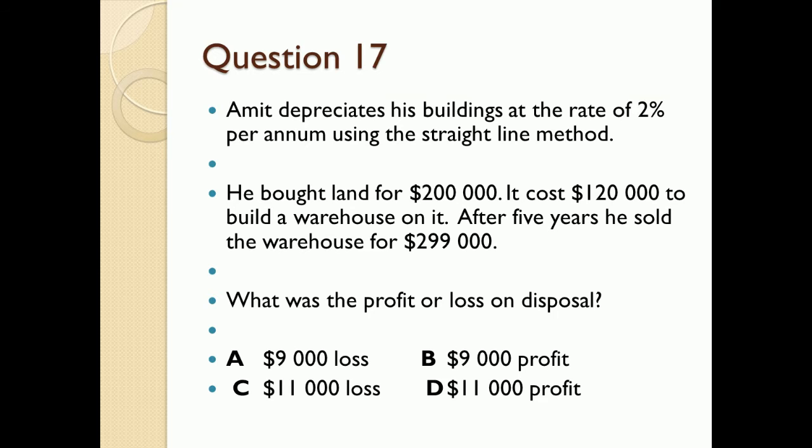You have to deduct this amount from the total value of the asset. 320,000 is the total cost of your asset, and you have to deduct 5 years' depreciation, 2,400 each year.